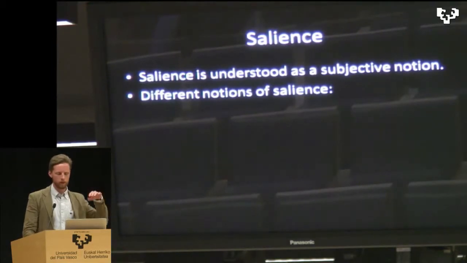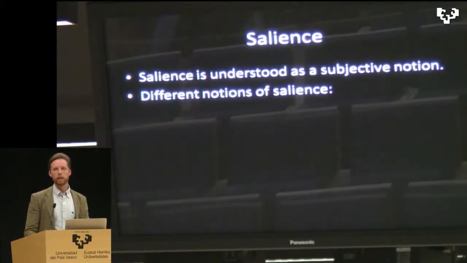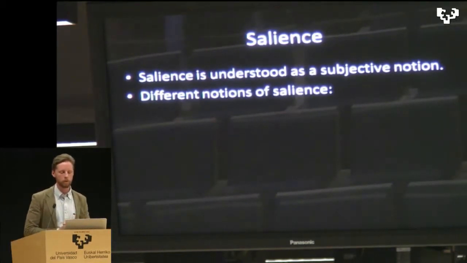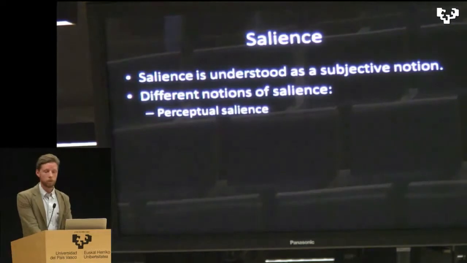One might be able to abstract in some way and have some kind of account of what people tend to attend to under certain conditions, but the way I'm using the notion of salience, it's at a subjective level. And I think it makes sense to distinguish between different notions of salience.